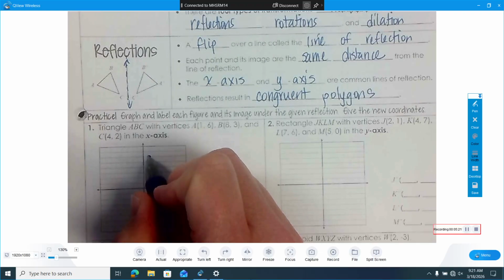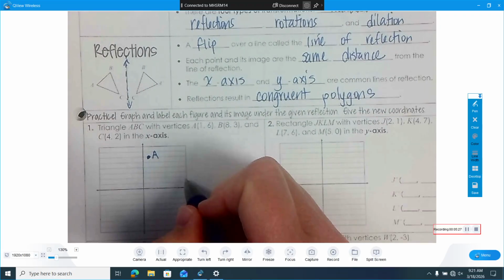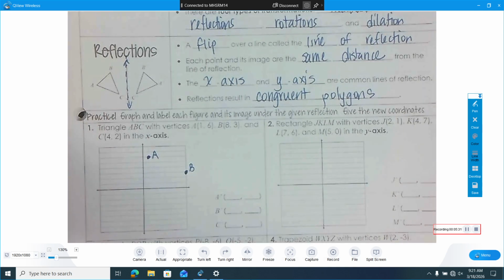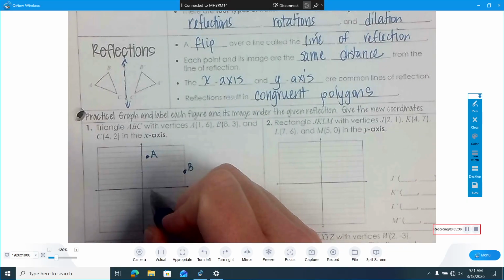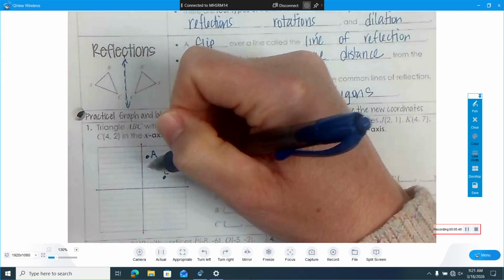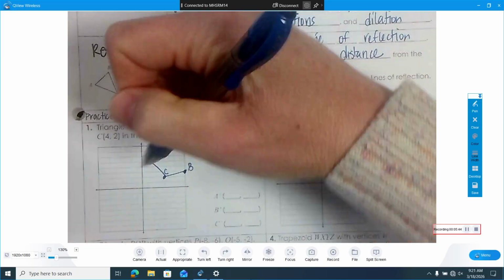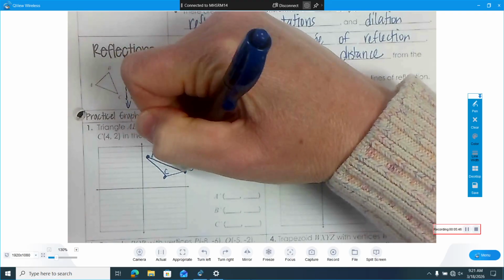Go ahead and graph and label point A. And graph and label point B, which is at (8, 3). 1, 2, 3. There's point B. And point C is at (4, 2). 1, 2, 3, 4, up 2. All right, so we have a triangle. I'm going to go ahead and connect the dots here. This is what we would call the pre-image, sort of like a negative.